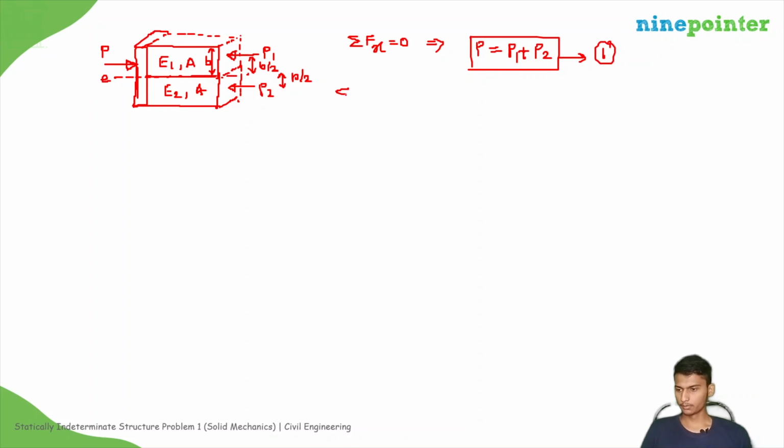Another equation is sigma M. Suppose you can take any point, right? So let us say the center point O. So sigma M about O should be equal to 0.